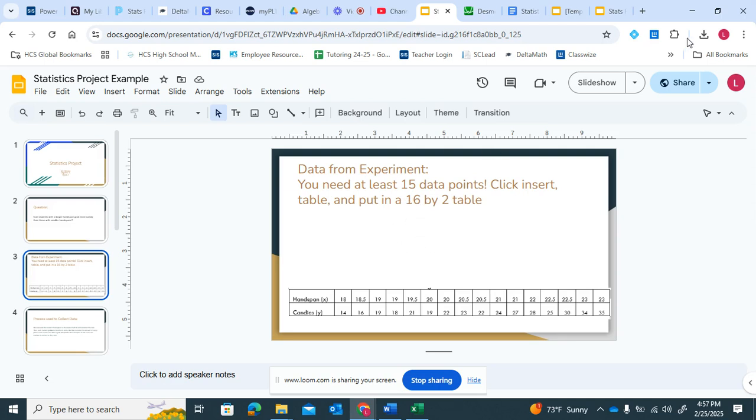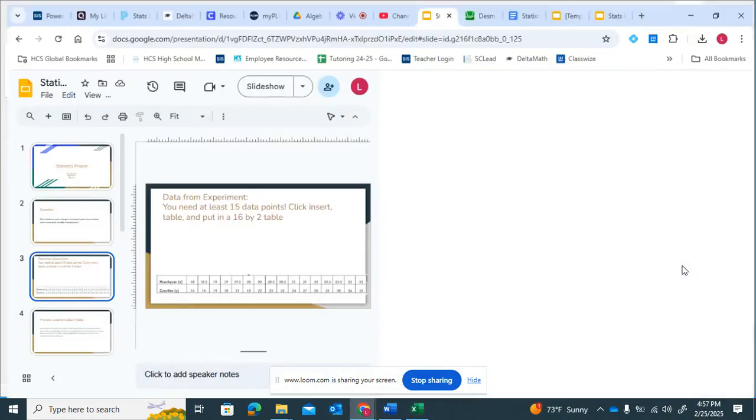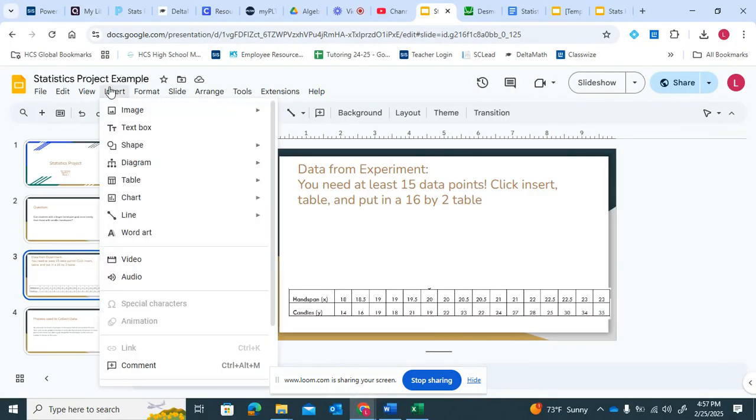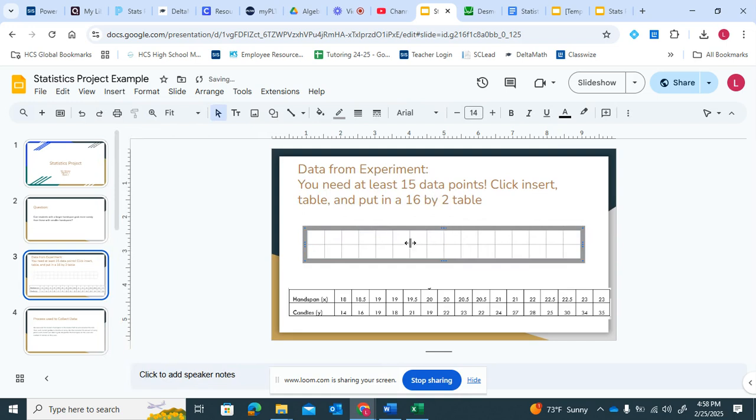If I was to make this bigger and do insert table, and make it a 16 by 2, that would be this right here. Then I could input the data into this table. That's probably the easiest way.